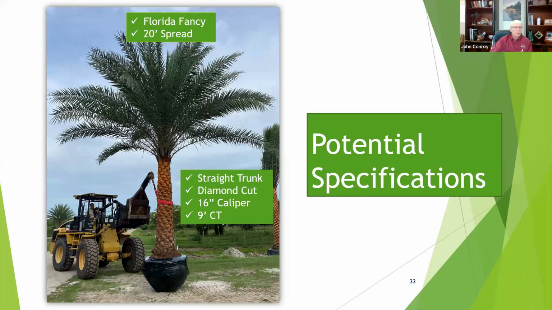Here's another example of a Phoenix palm, and it's got what I would consider to be kind of the bare minimum of specifications. What it doesn't have there is a vertical clearance, and it might not have something else that you can think of. It does have the straight trunk, the diamond cut, the caliper, and the clear trunk measurement. So we've got most of that stuff addressed here that would be important.